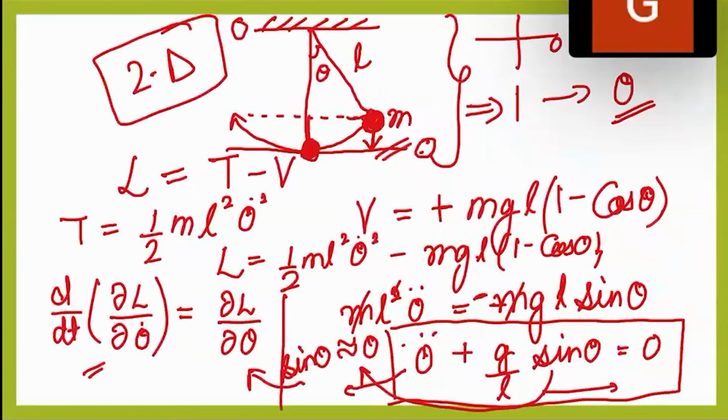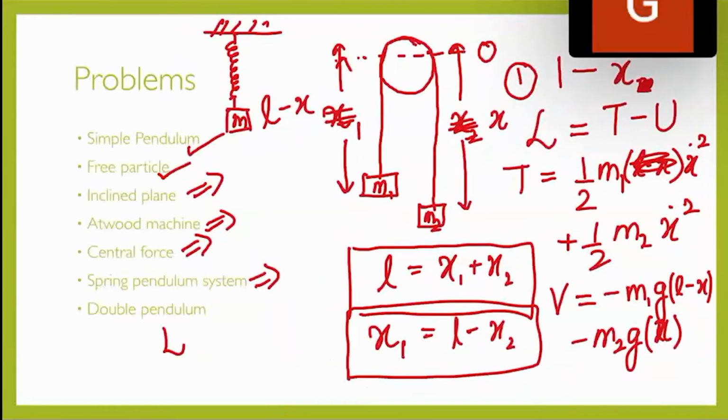In the case of the simple pendulum also, it was fixed. Here also, it is fixed. Now we will look at this system, the spring pendulum. This is a spring, and then a mass is attached to it.